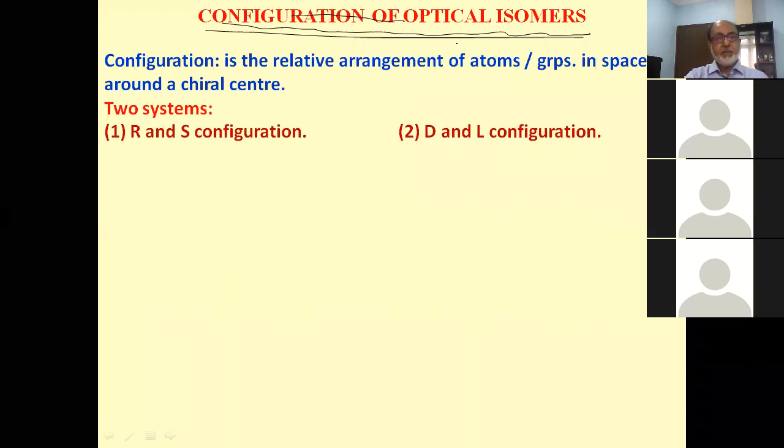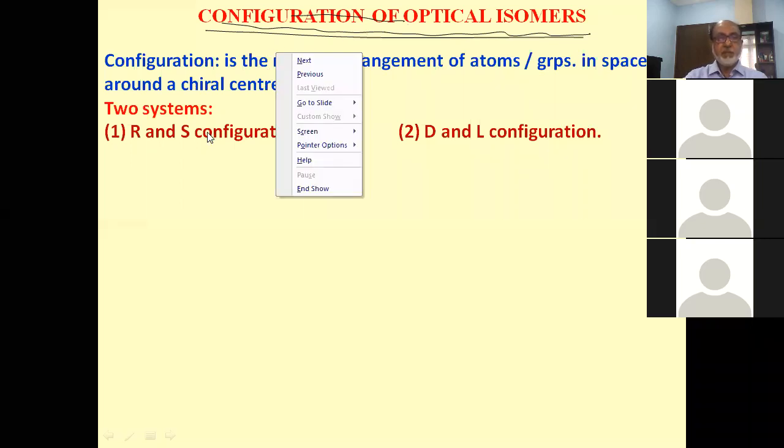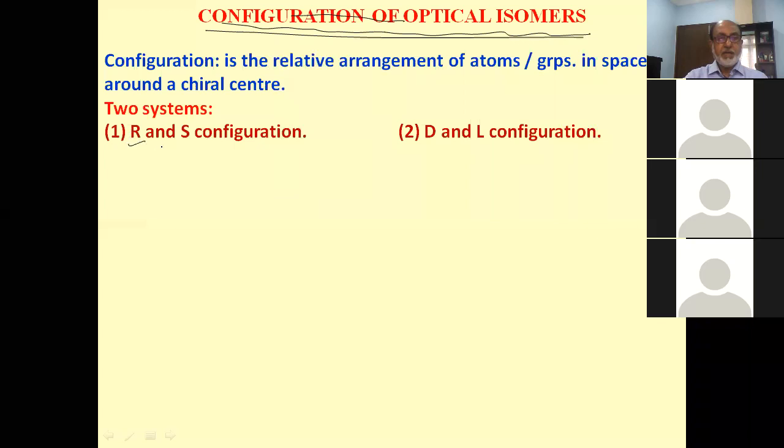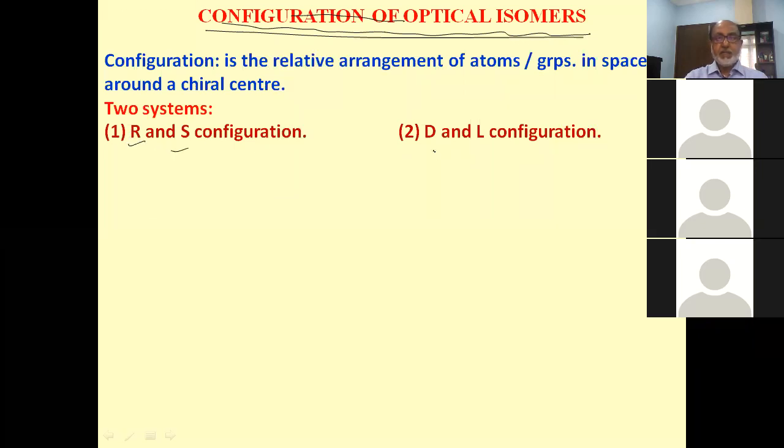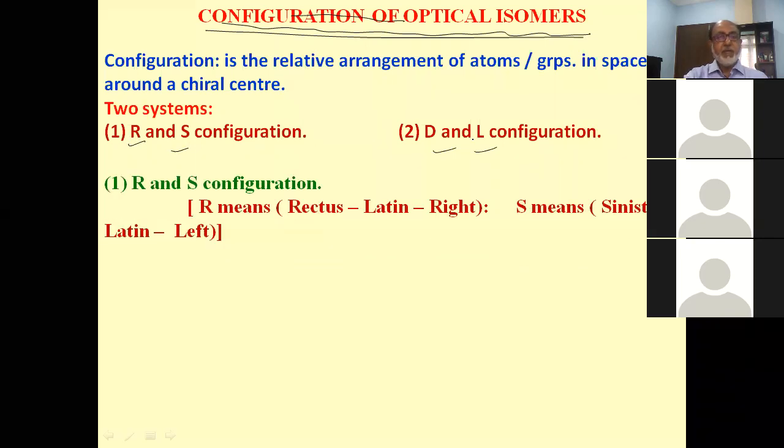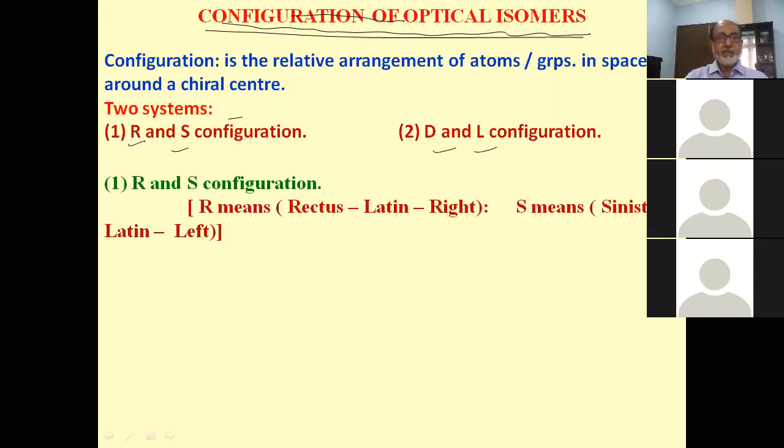Then we come to this one. Two systems. One is RS configuration. Already you know, yes or no? Yes, sir. And another is DL configuration, DL systems. What is R? R means rectus, which in Latin means right.